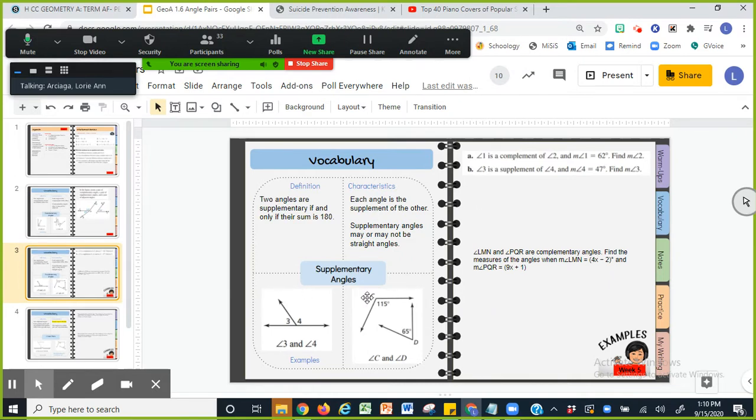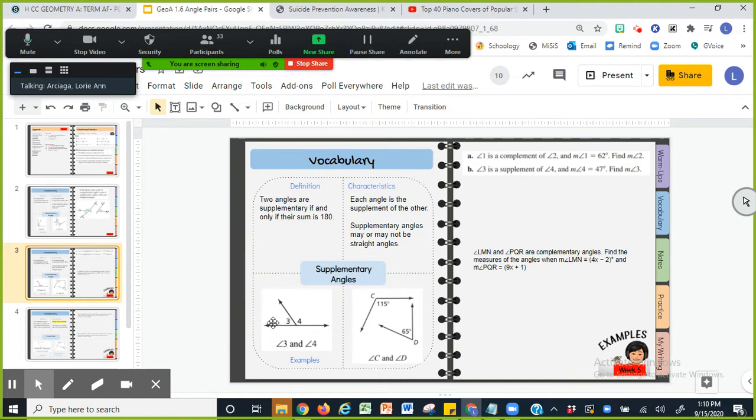Now, for the second definition we're going to look at today, they're called supplementary angles. By definition, two angles are supplementary if and only if their sum is 180 degrees. For example, in this figure on the bottom left, angle 3 and angle 4 are supplementary, and each angle is called a supplement of the other.